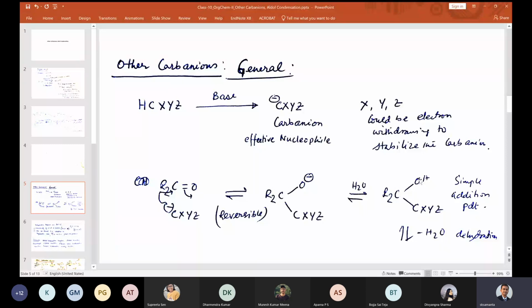Then you can end up with a double bond, C double bond C. We will see what kind of conditions favor dehydration and what do not. So overall, you first form the carbanion, and these carbanions are very useful for reacting with carbonyl carbon, and then dehydration results.